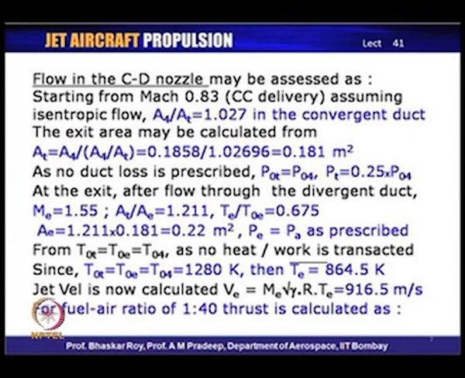And using these areas, one can now find the throat area and throat temperature.